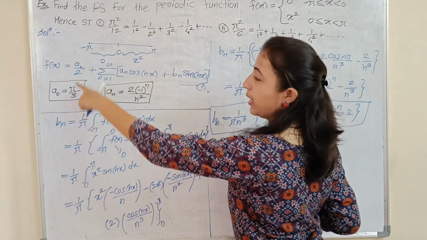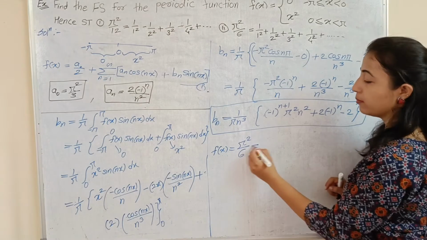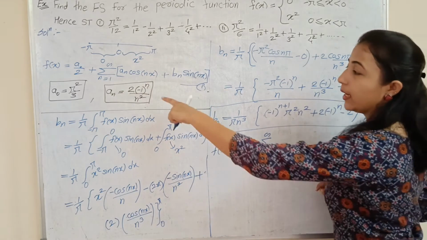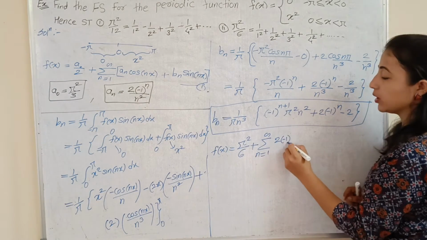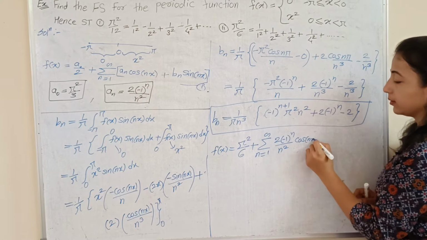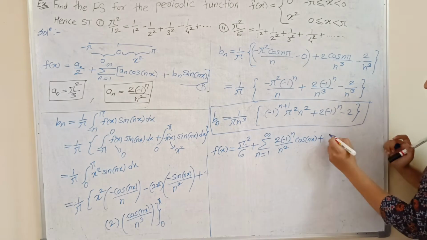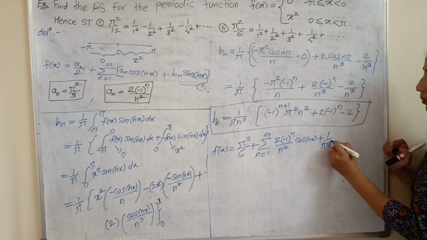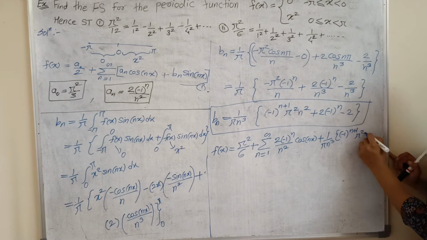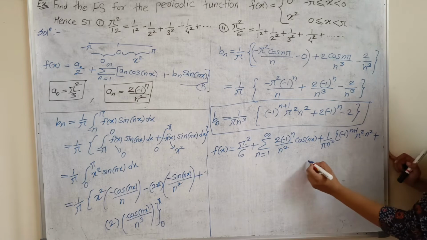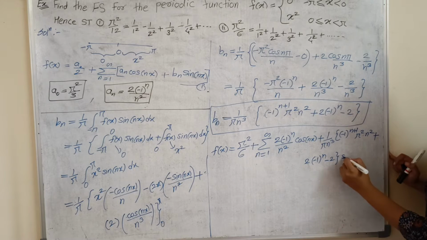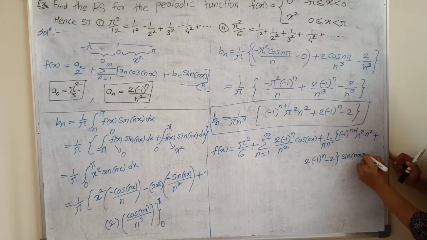So a0 by 2 is pi square by 6, plus summation n varies from 1 to infinity, an is 2(-1)^n by n square, it is cos nx, plus bn, value of bn is 1 upon pi n cube times [(-1)^(n+1) pi square n square plus 2(-1)^n minus 2] into sine nx.